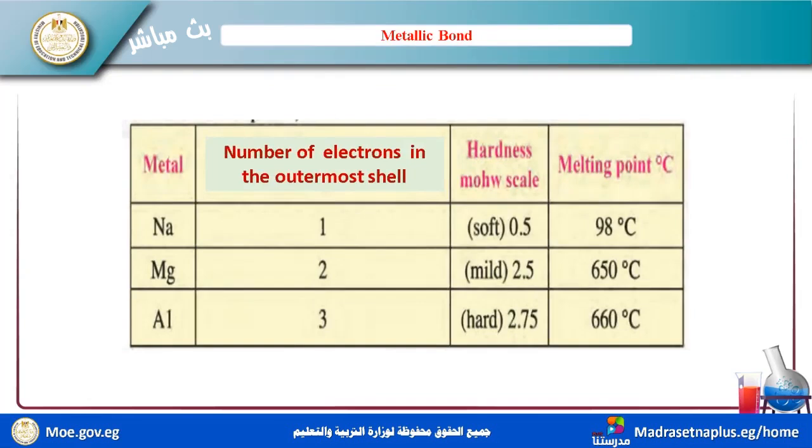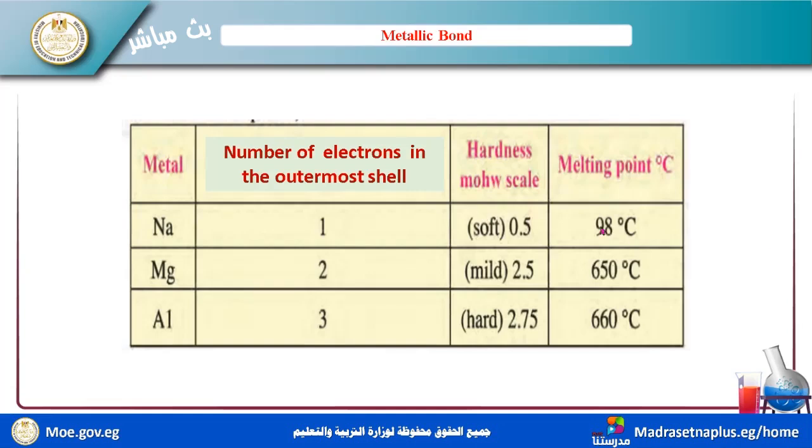We find here sodium metal, with the number of electrons in the outermost energy level equal to 1. It is soft, with hardness equal to 0.5 on the scale for the solidity of a metal.